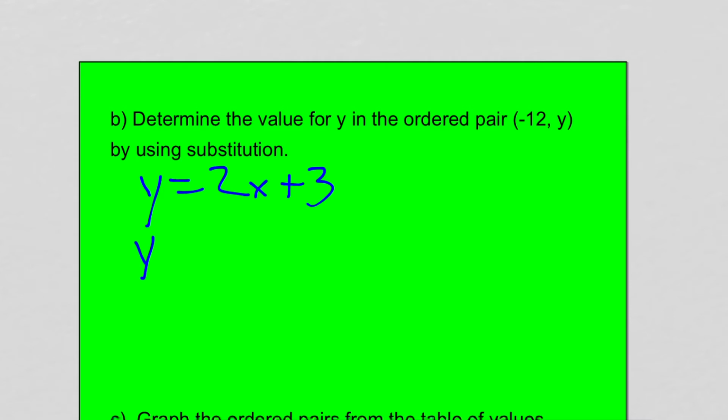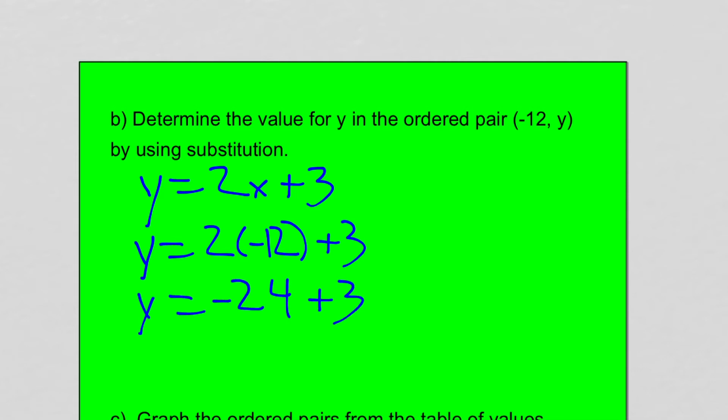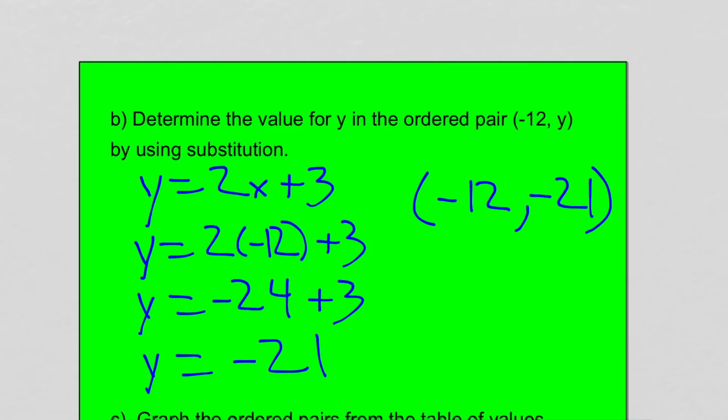So y equals 2 times negative 12 plus 3. 2 times negative 12 is negative 24, plus 3, and y is equal to negative 21. So when x is negative 12, y will be negative 21. Just want to show you that there's unlimited points for that line.